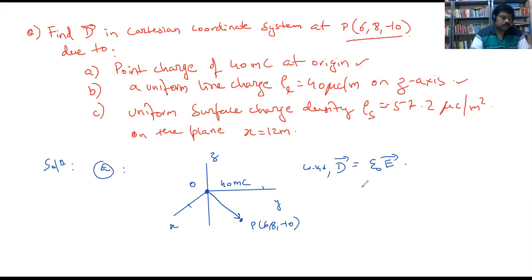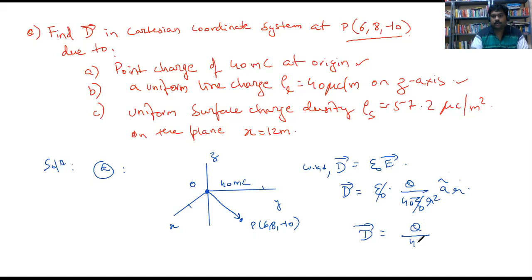So what does D become? Because it's a simple point charge, E becomes Q by 4 pi epsilon naught R square into AR. So epsilon gets cancelled. D is nothing but Q by 4 pi R square into AR. This origin is nothing but 0, 0, 0. We need to find R and AR.